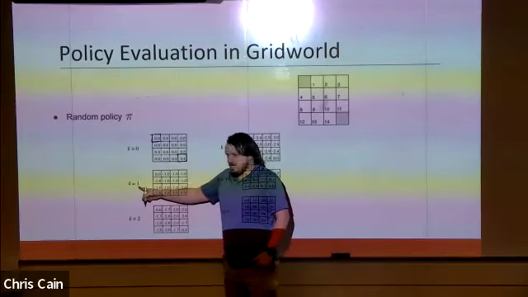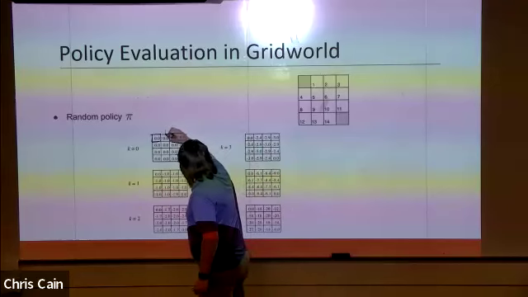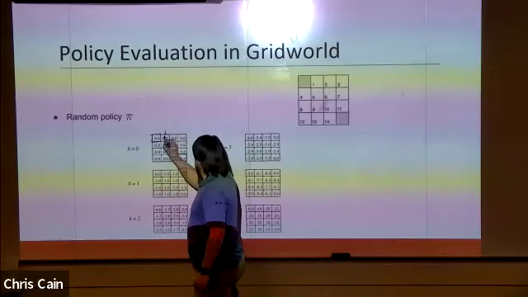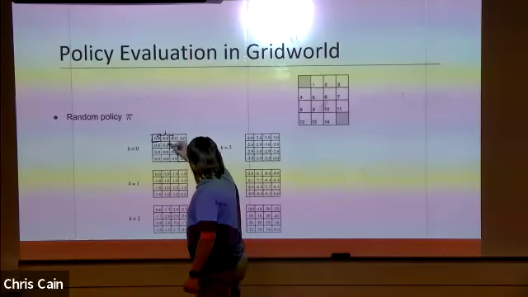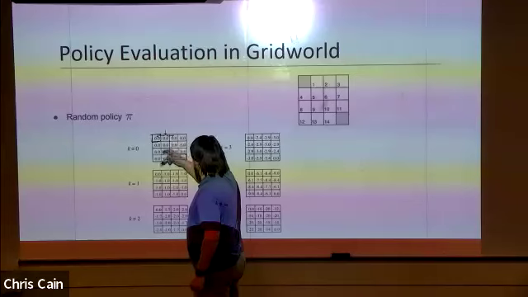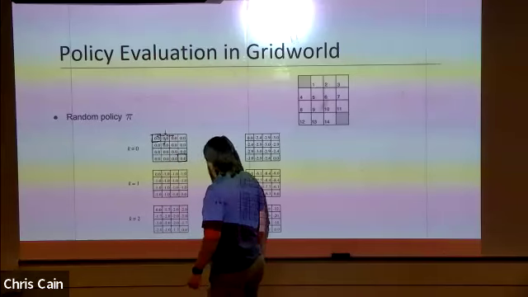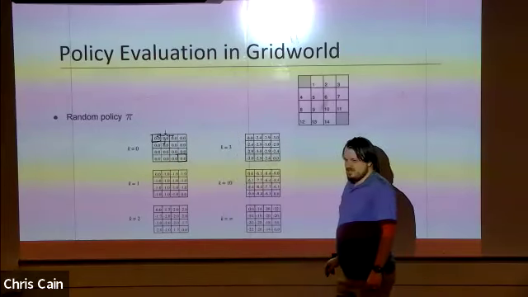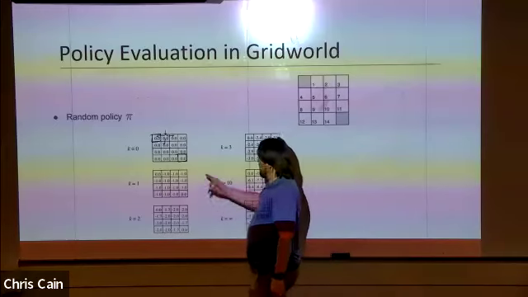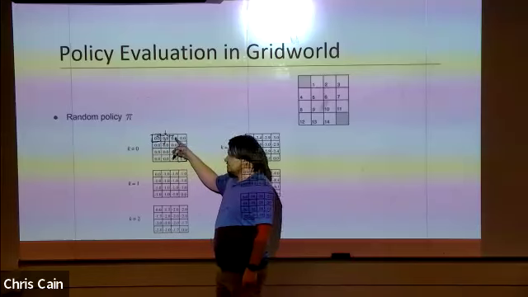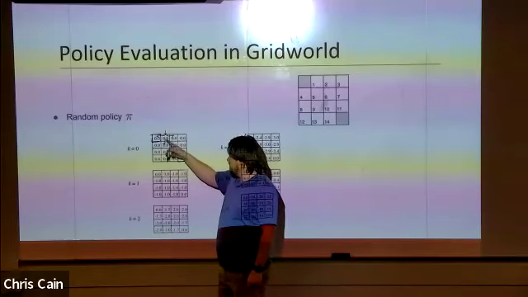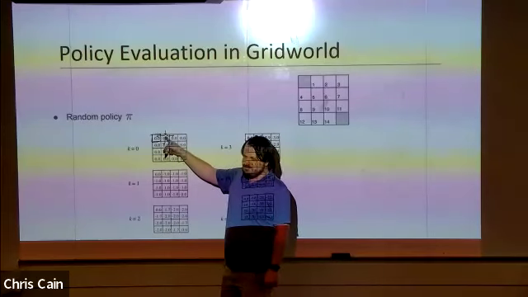At time step number 1, if we were in this state, we could have moved here and terminated the episode. We could have moved here. We could have bumped against this wall and stayed, or we could have moved here. So with probability 1/4, we terminate the episode with score -1. With probability 1/4, we're over here. Probability 1/4, we're down here. Probability 1/4, we're still here. Make sense?